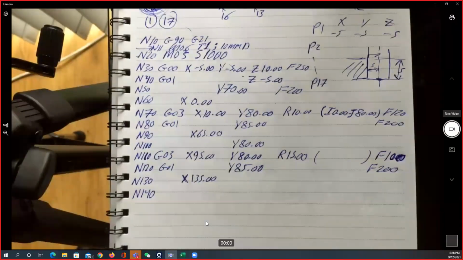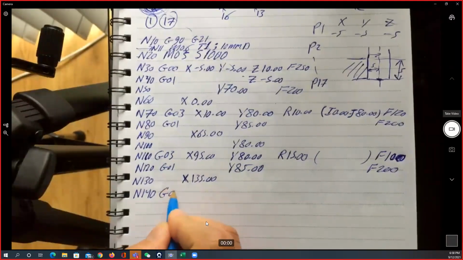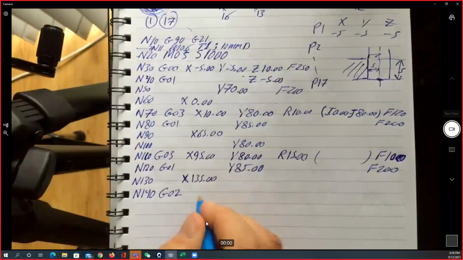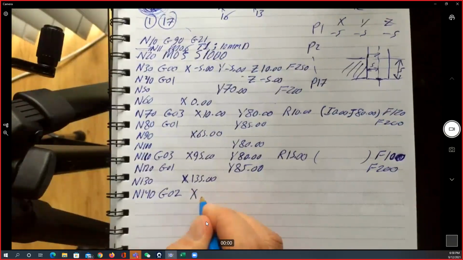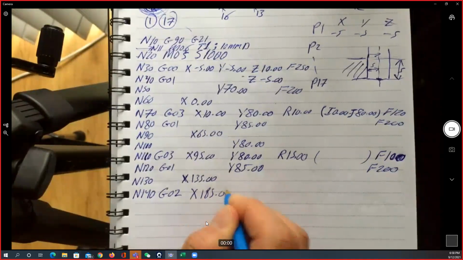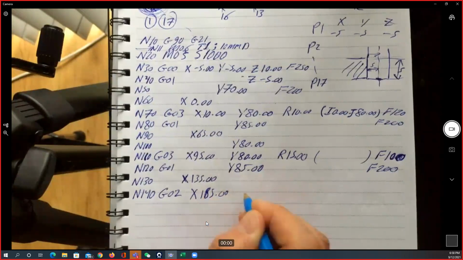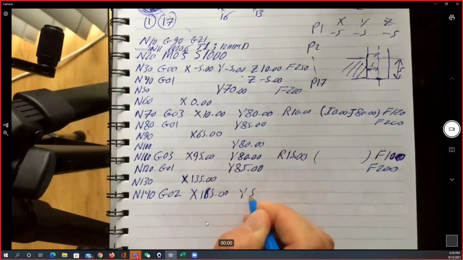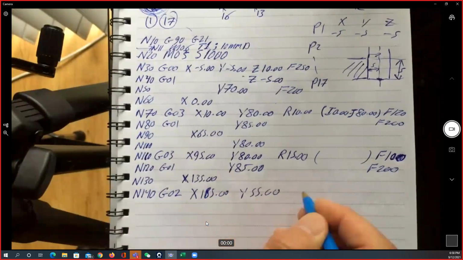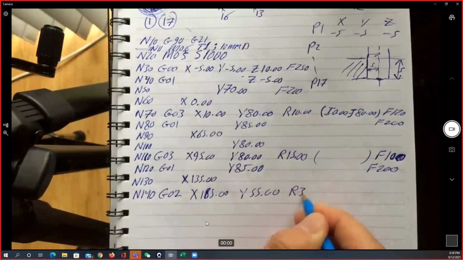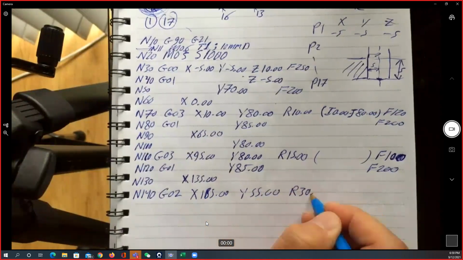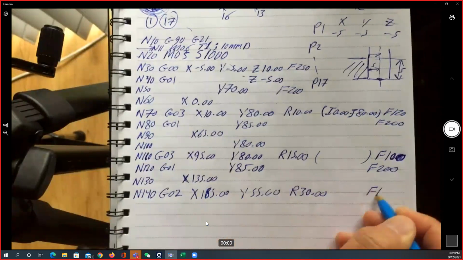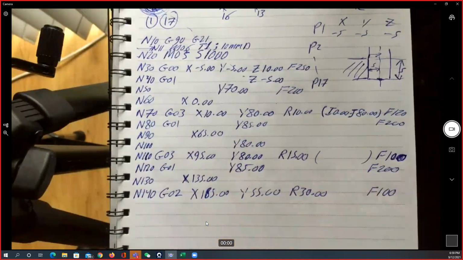So G02, the X is equal to 165.0, and the Y is equal to 55.0. The R is equal to 30.0, and the feed rate is 100 millimeters per minute.